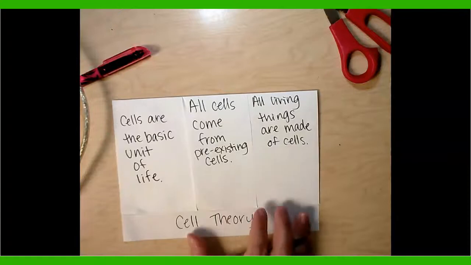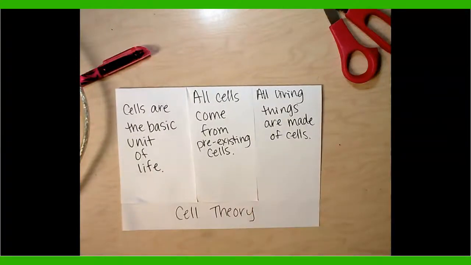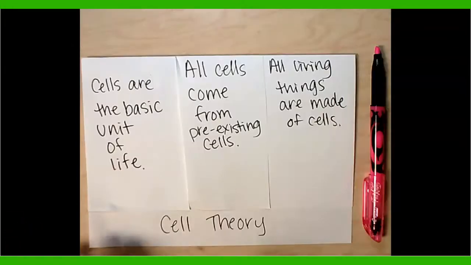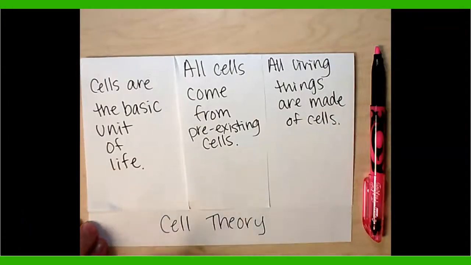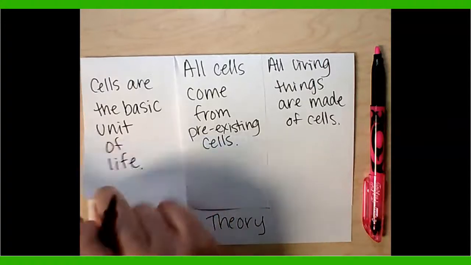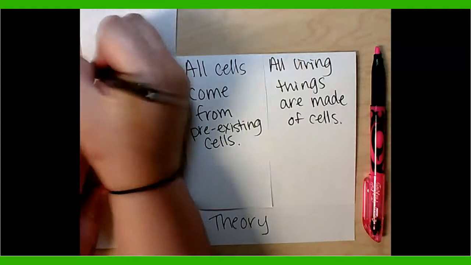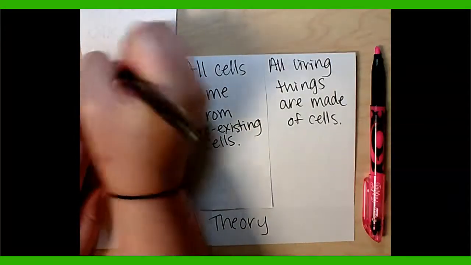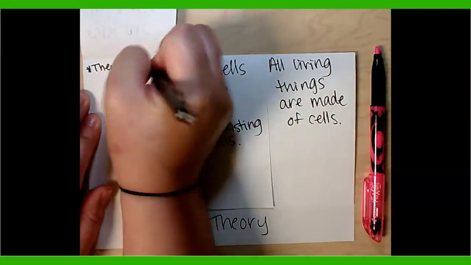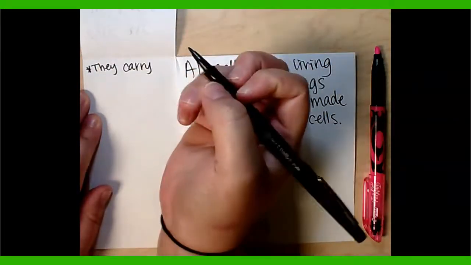Okay. So we're going to fill out information underneath this first part, cells are the basic unit of life. You need to know some things that all cells do. So they carry out similar functions to sustain life.